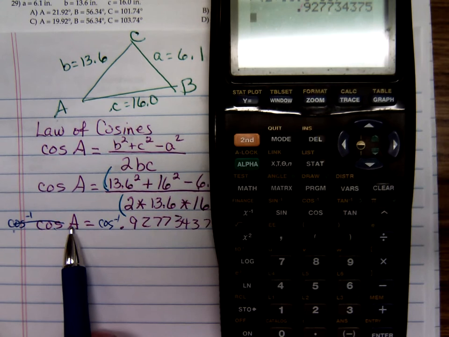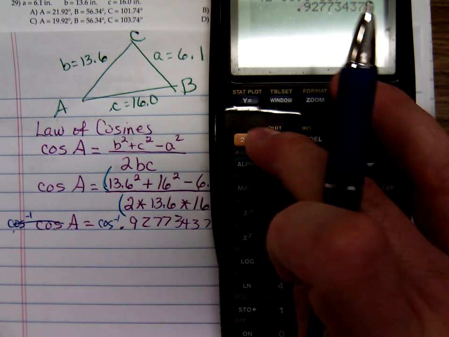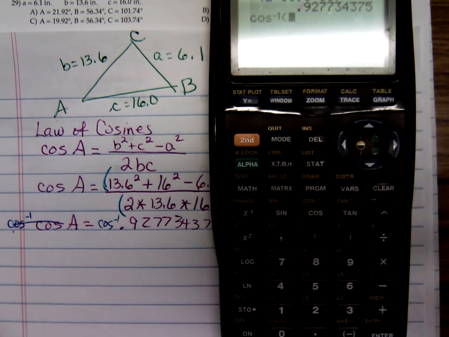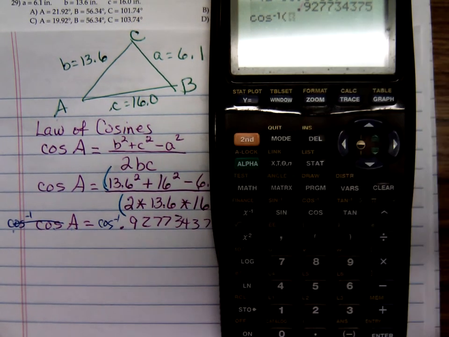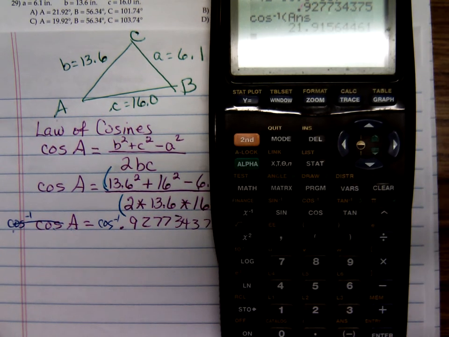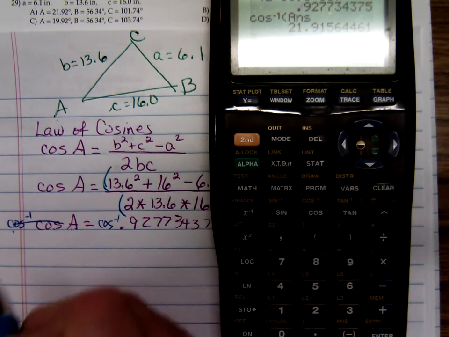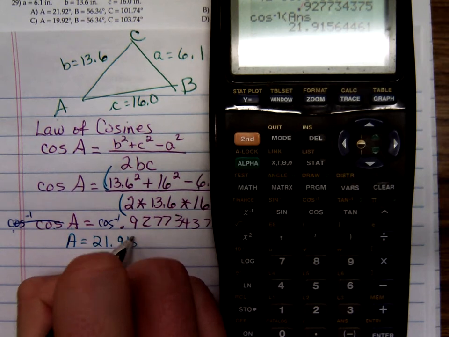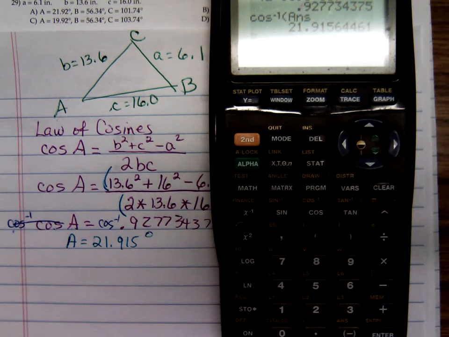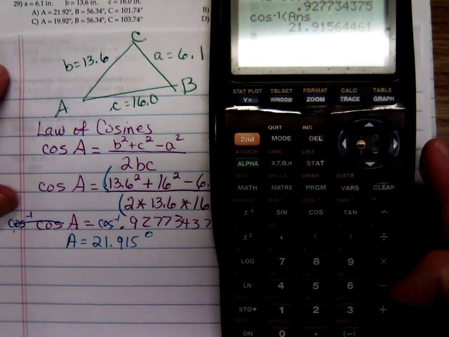So I'm now about to go second cosine. And I'm not going to retype all of that. I'll say second, ANS, enter. And there it is, 21.915 degrees. Oh wait, we're not finished yet.